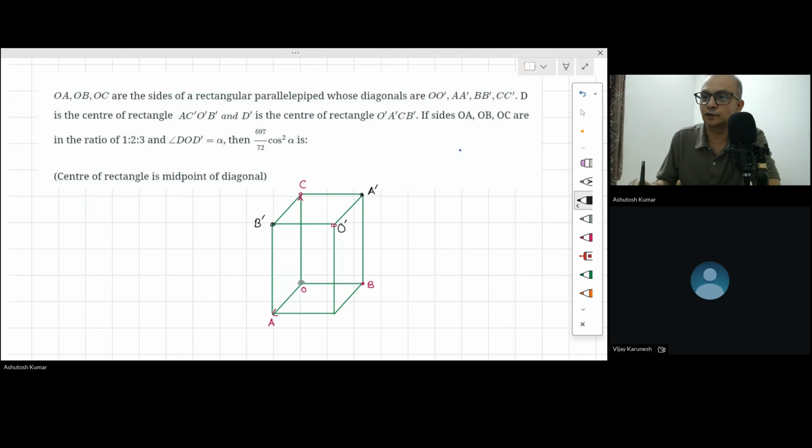C and C', so this will be C'. D is the midpoint or center of the rectangle AC'O'B'. What you are observing in the front, this front wall, is one rectangle. The midpoint of this rectangle is D. Is it clear?